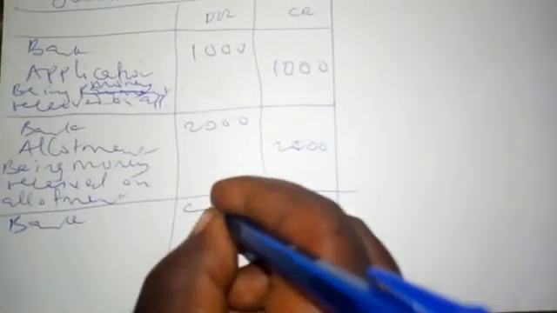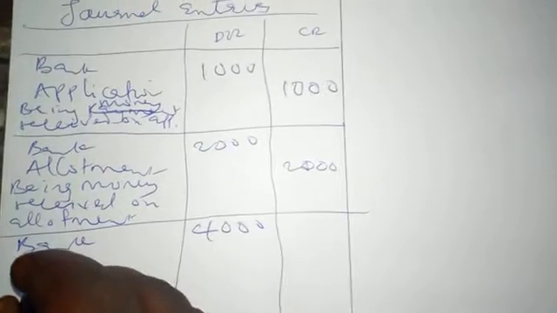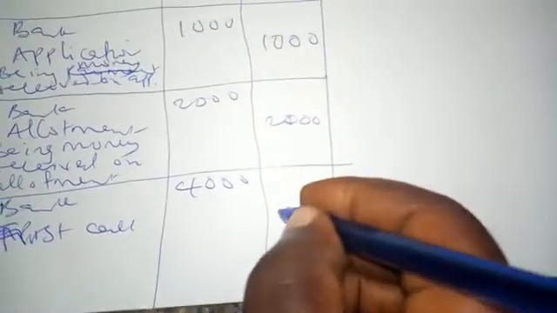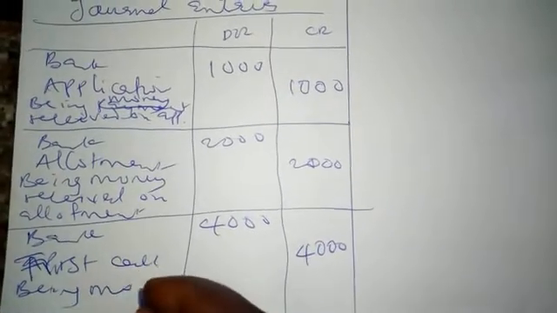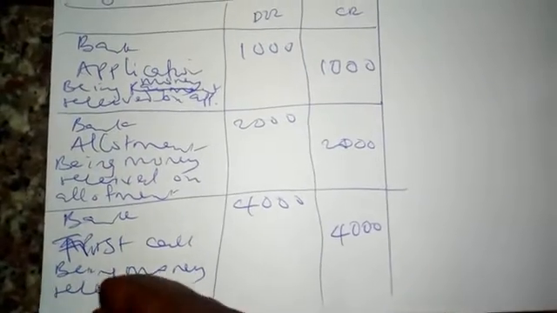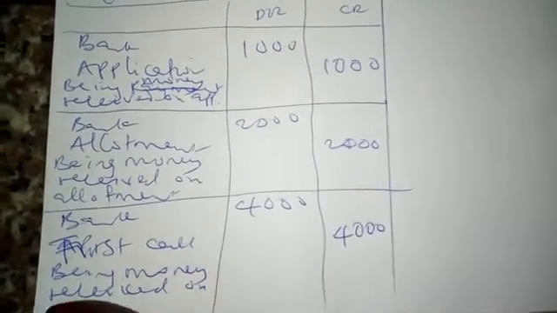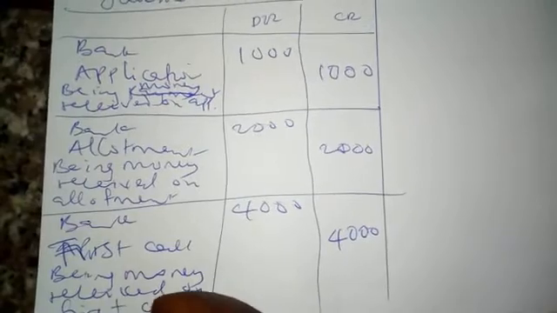The next one, first call. It will also pass through the bank. How much for first call? 4,000 naira. You write 4,000 naira, and then first call. The amount is 4,000 naira. Being money received on first call.